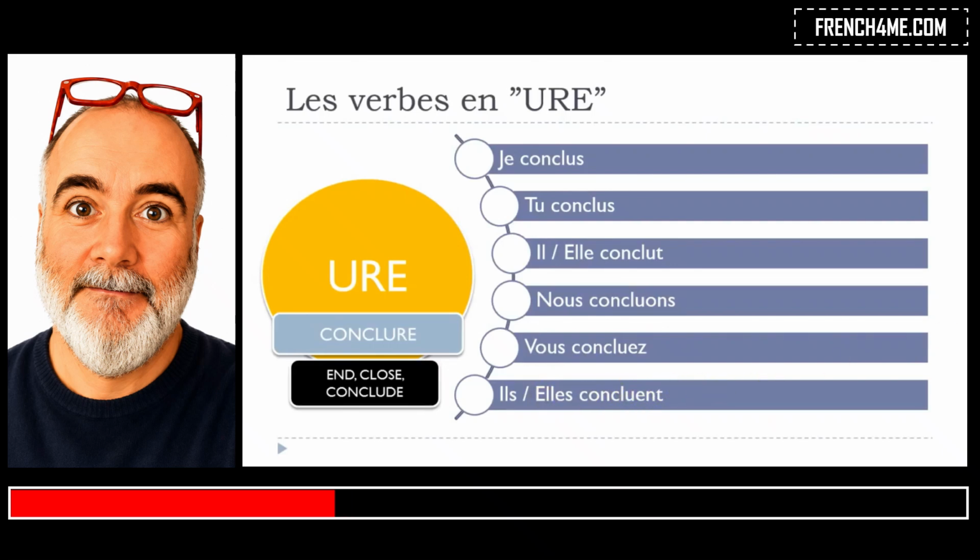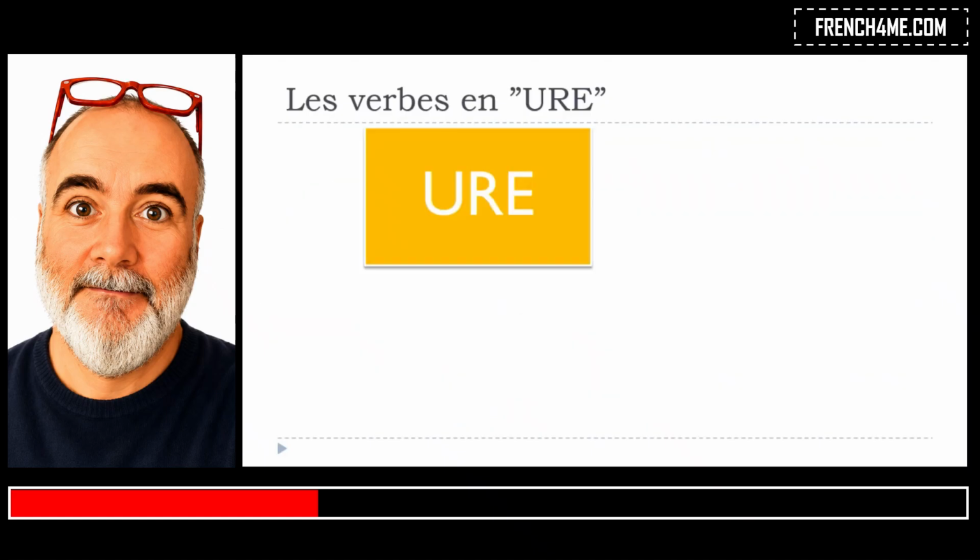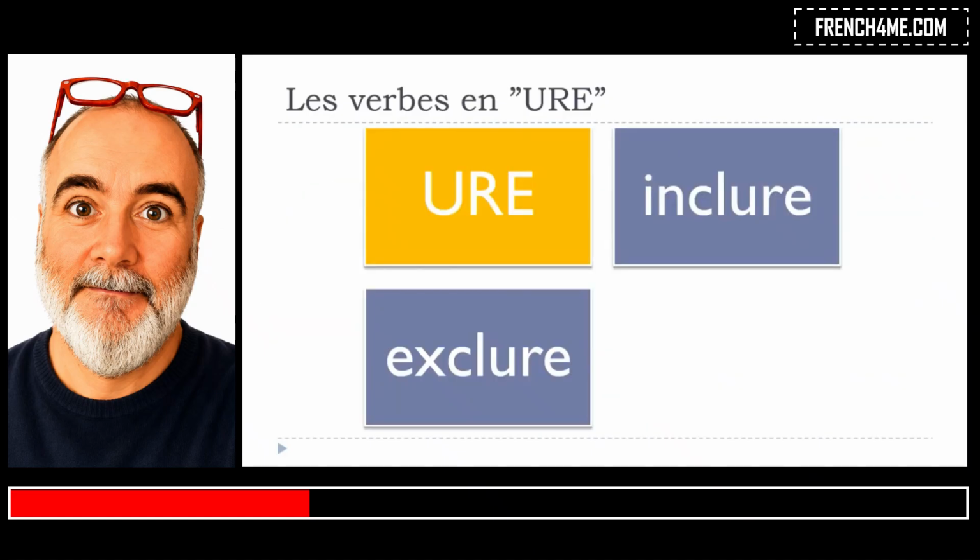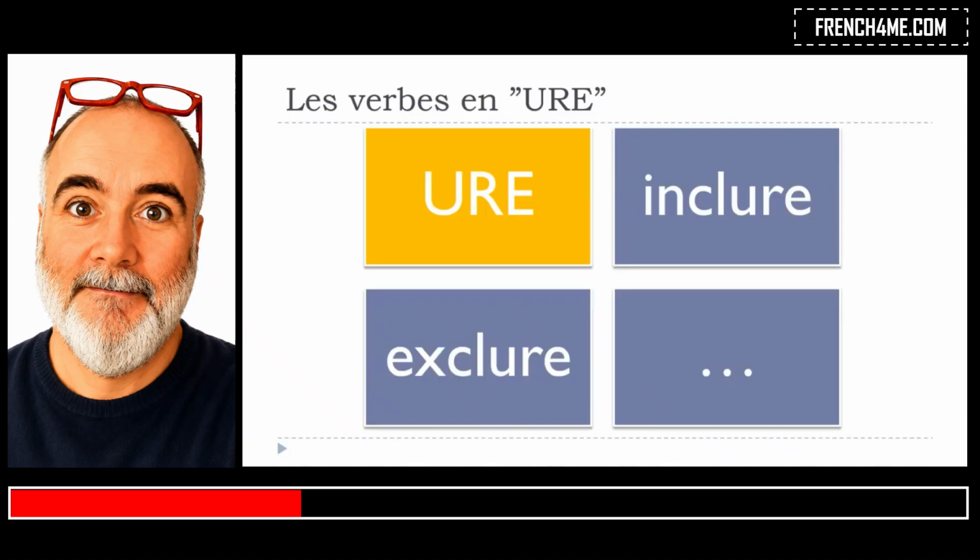And so when I say it's a micro group, it's just because you will see that we've got actually two verbs that will be conjugated like conclure. But you know, honestly, it's quite important to introduce them anyway because they are not that tricky to conjugate. And it's inclure and exclure.